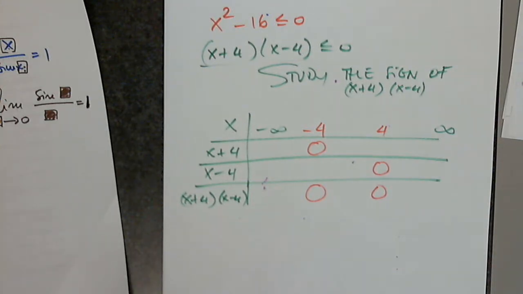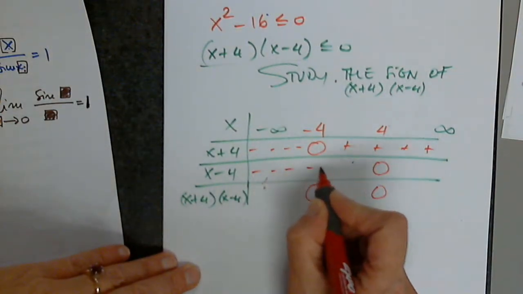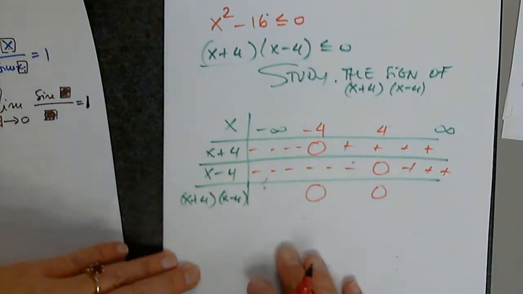Positive. Okay, so they come from which values? Negative, and they go to which values? Good. That's all I need. So it's coming from negative and going to positive.